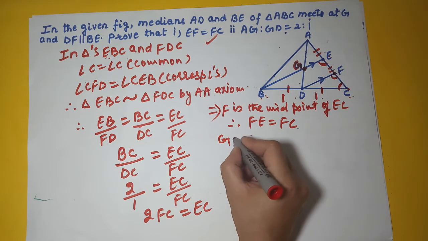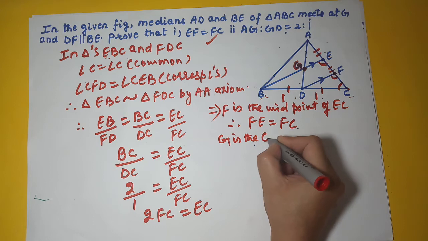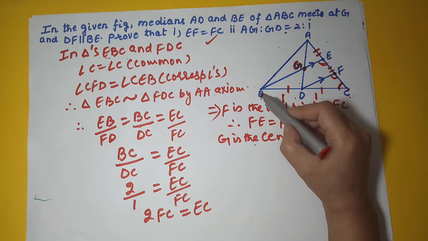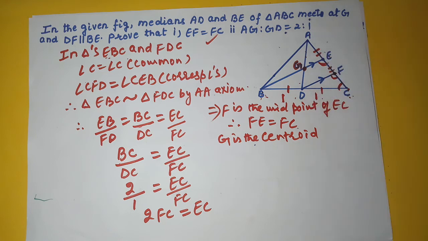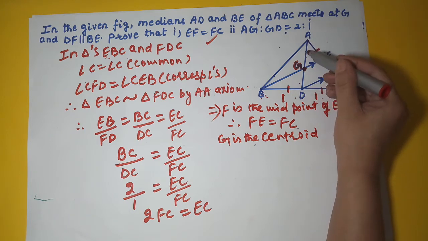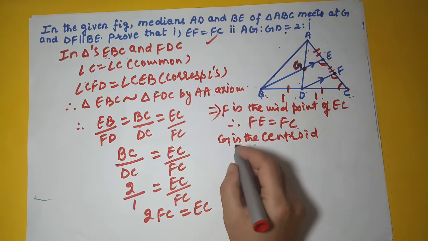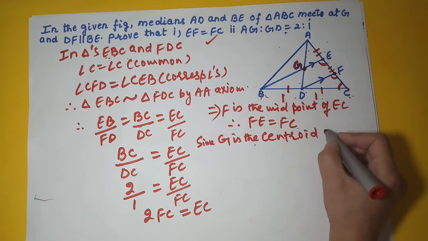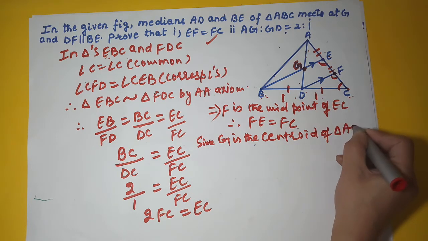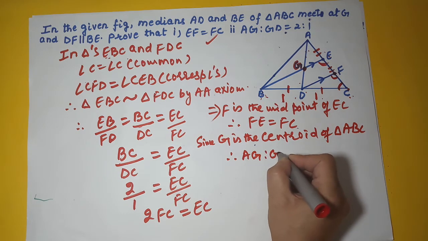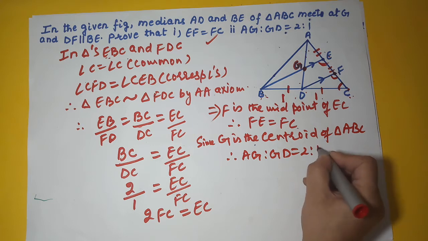So I will write G is the centroid of the triangle. Why? Because here the medians BE and AD meet. Always remember, centroid divides the median in the ratio 2:1. You can directly write that. Since G is the centroid of triangle ABC, therefore AG is to GD is equal to 2:1.